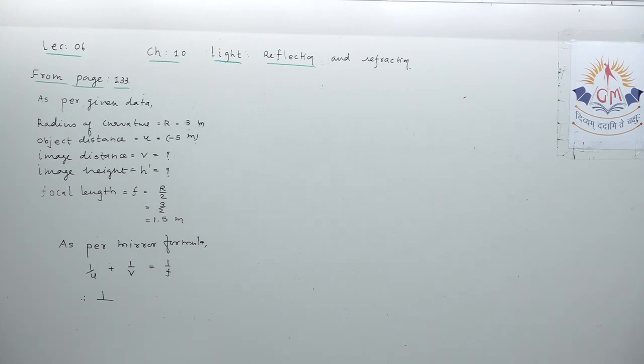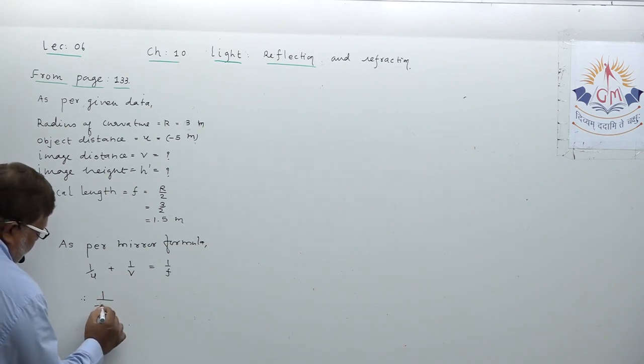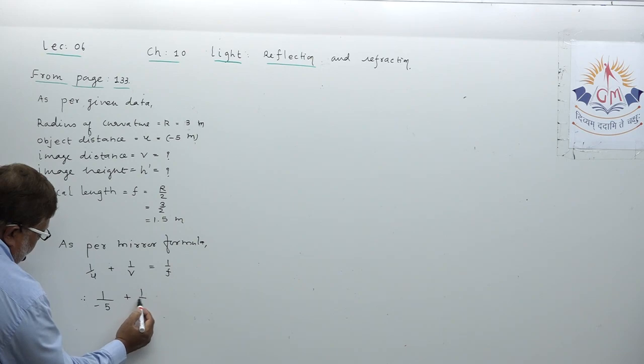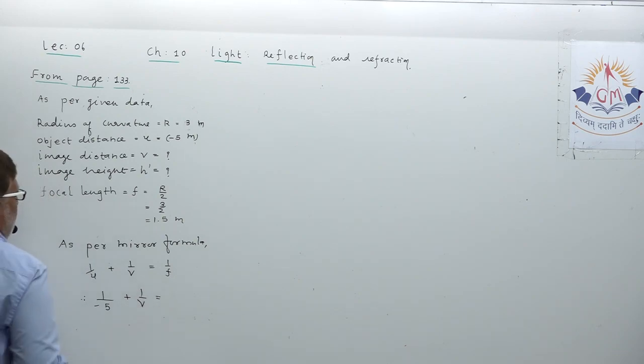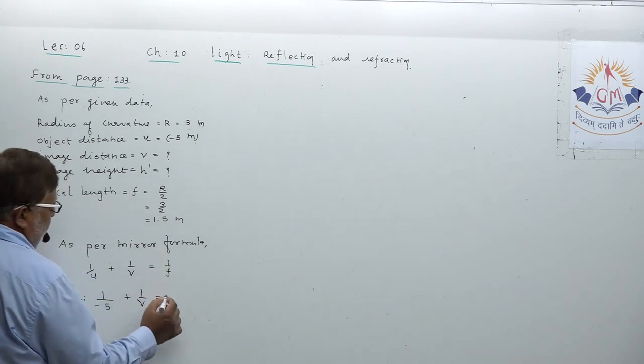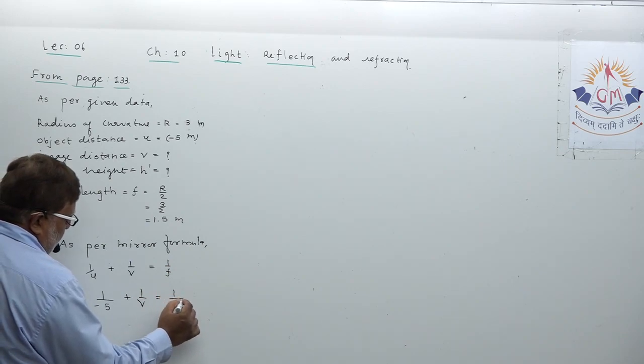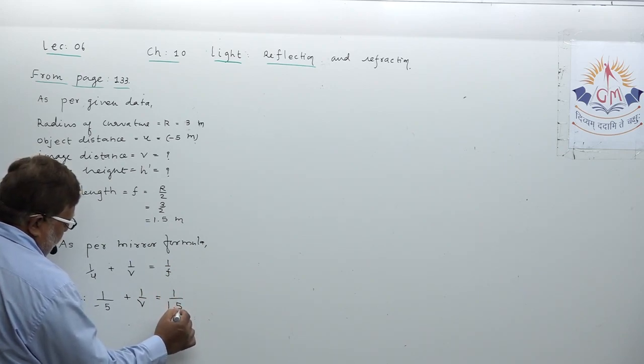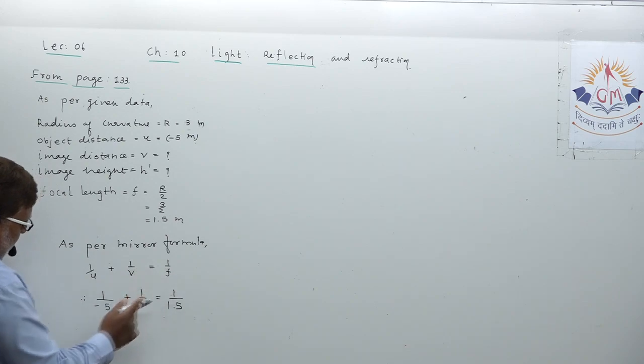What is object distance u? The object distance u, bus is resting at 5 meters. So let me write here 1 upon minus 5, plus 1 upon v, our target, equals 1 upon f. What is the focal length? 1.5. Let us do the next step.